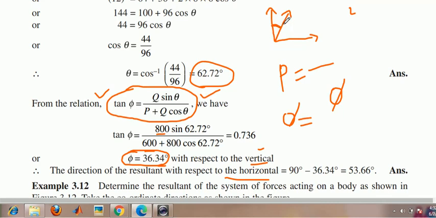If you want to determine the inclination of resultant with respect to the x axis, you have to deduct, that is 90 minus 36 will give you the inclination with respect to the x axis. What it means? 36.34 is the inclination with respect to vertical. So if you want it with respect to horizontal, the total is 90, therefore you have to consider 90 minus 36.34.